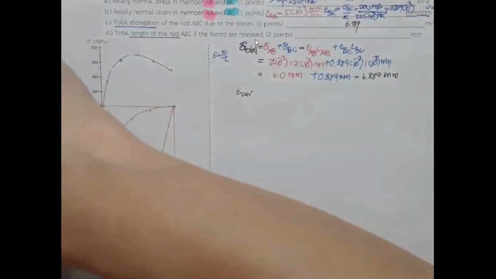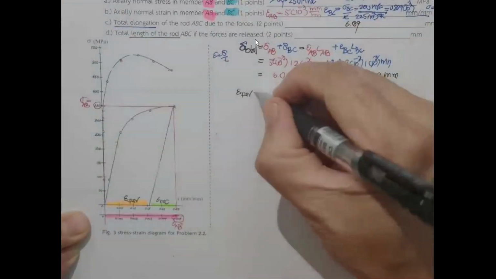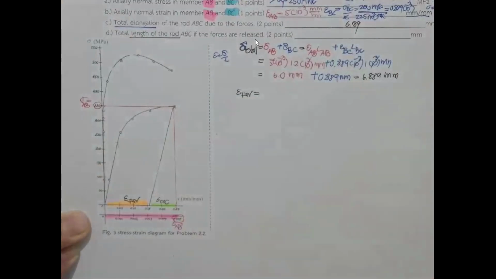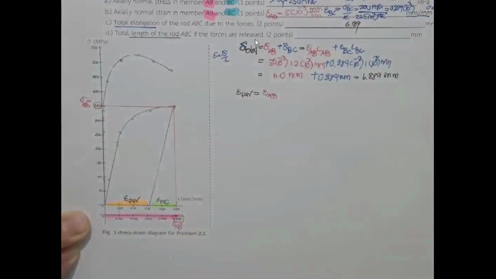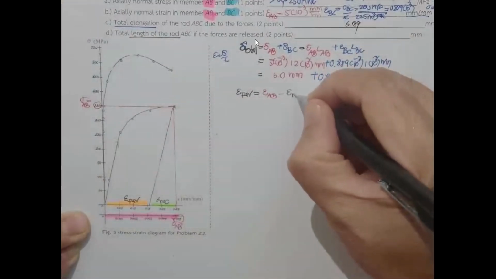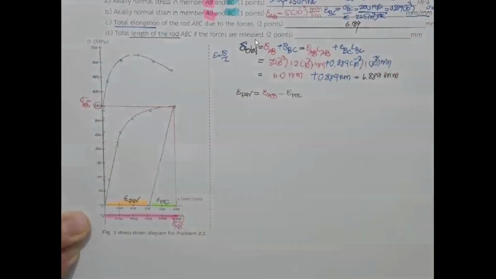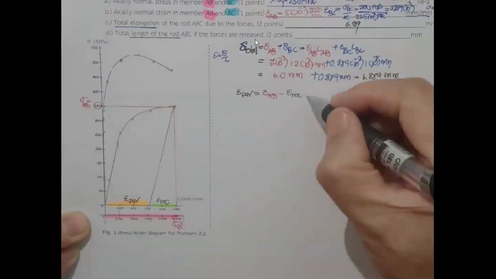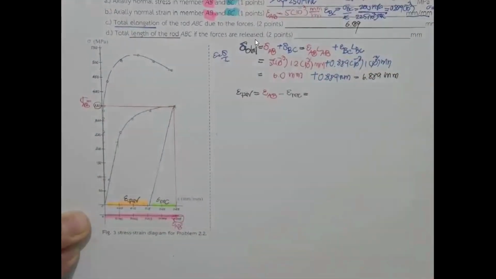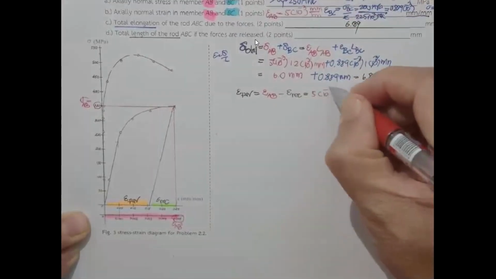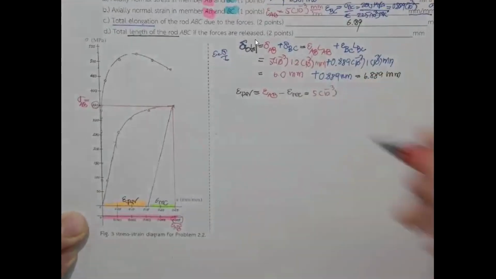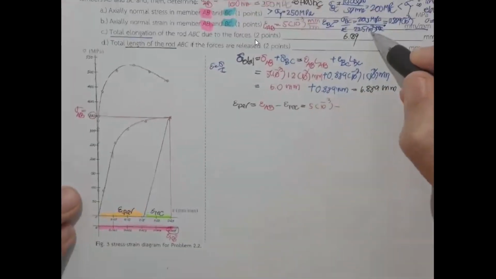We will have strain permanent equal to strain sub AB minus strain recovery. And as previously we know, this is going to be equal to strain sub AB, 5 times 10 to the minus 3, and then minus strain recovery.